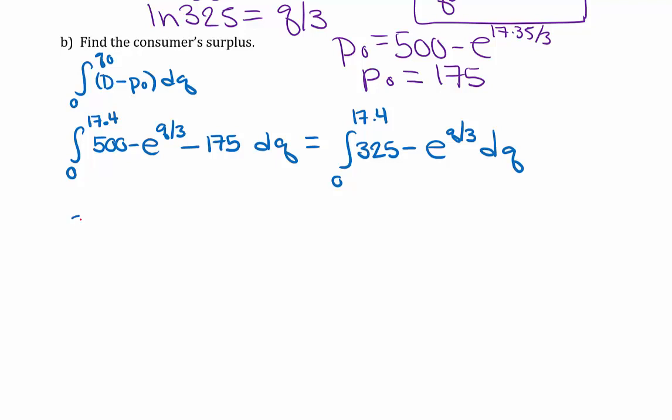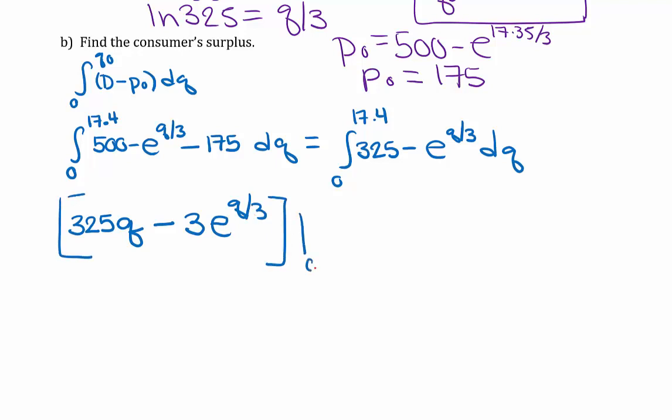So to integrate, this is going to be 325Q minus 3 e to the Q over 3. And I will be evaluating that at 17.4, at 0, and subtracting. Where did that 3 e to the Q over 3 come from?